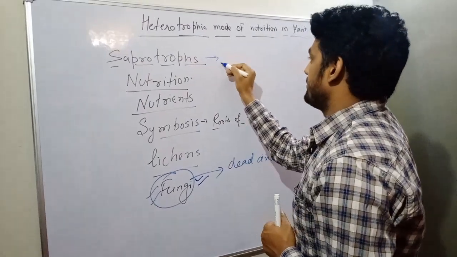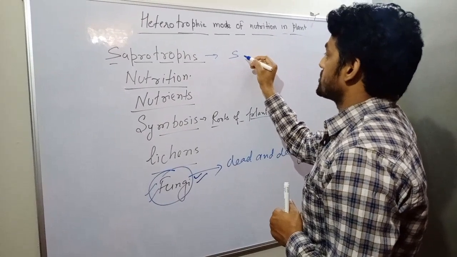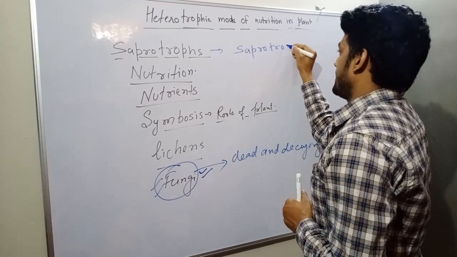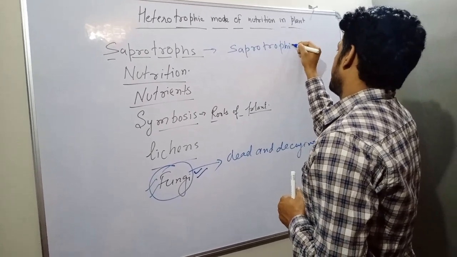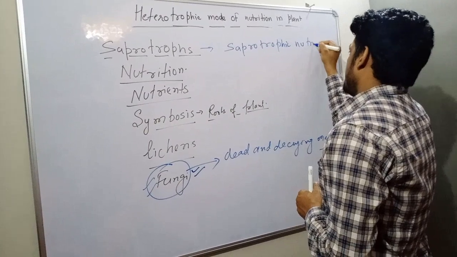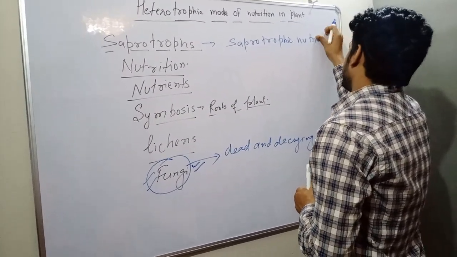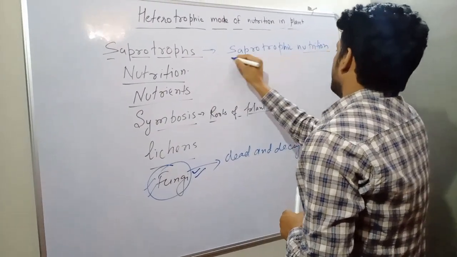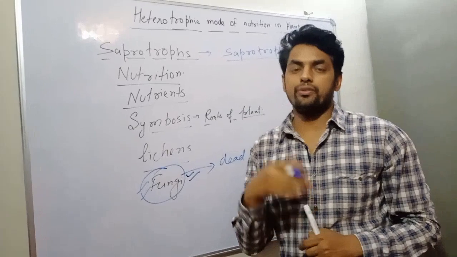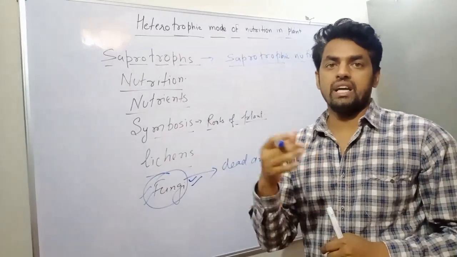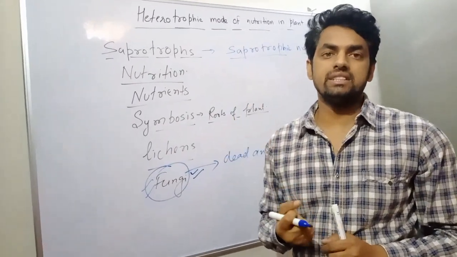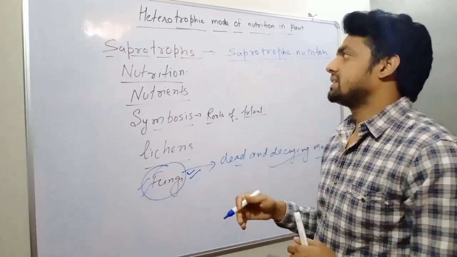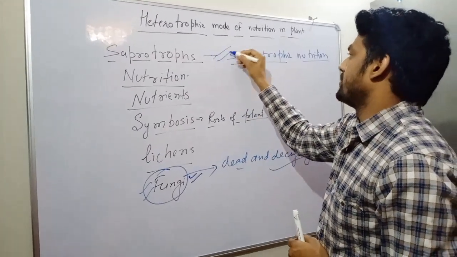Before saprotrophs, we have to discuss the saprotrophic mode of nutrition. The mode of nutrition in which an organism gets its nutrition from dead and decaying organisms or material is known as saprotrophic nutrition.